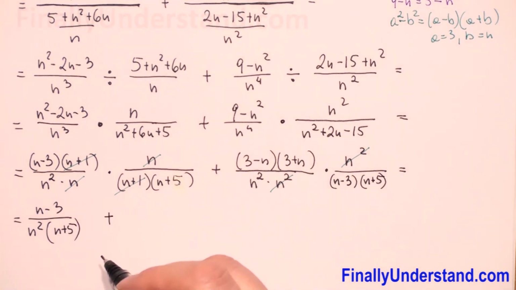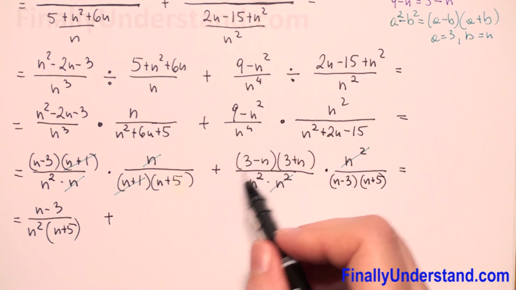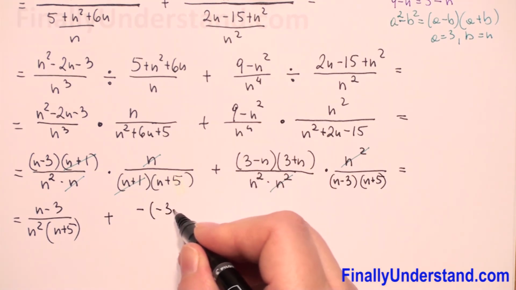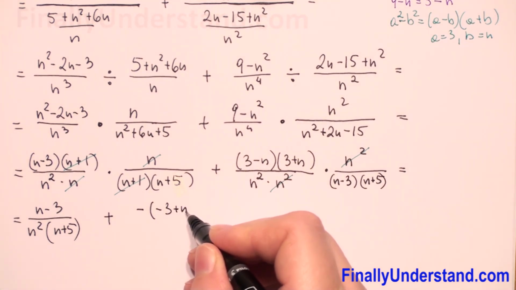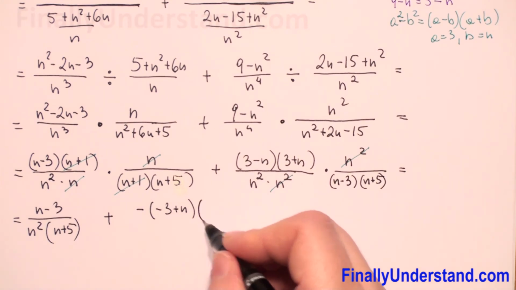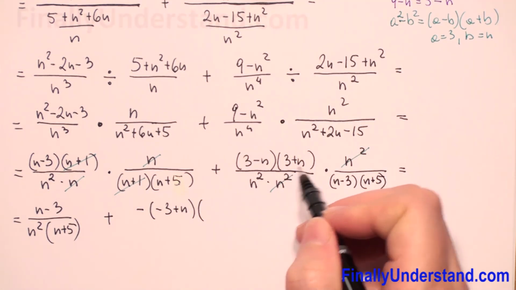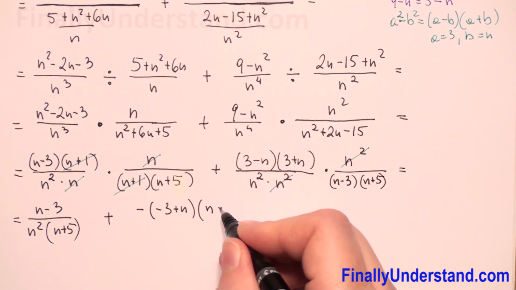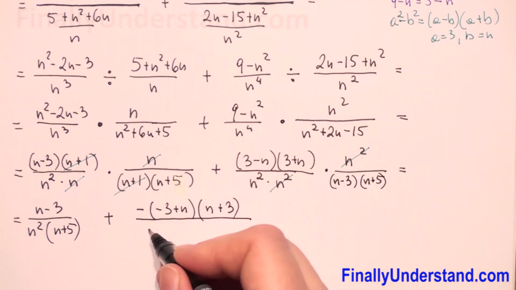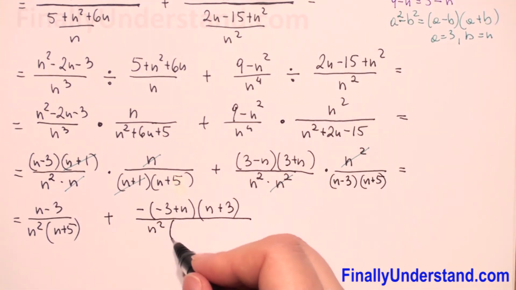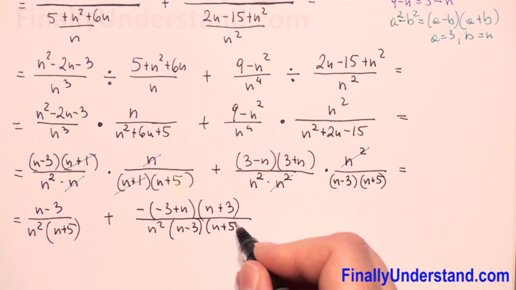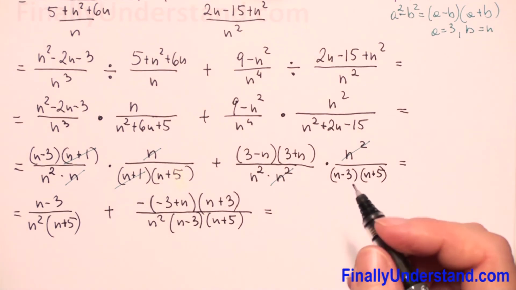And we have plus, like I said, we will factorize negative sign, so it will be negative 3 plus n, and the rest we will copy. We have 3 plus n, so first I will put variable n, next 3. And the denominator is n squared. Now we have n minus 3 times n plus 5. So this is equal.